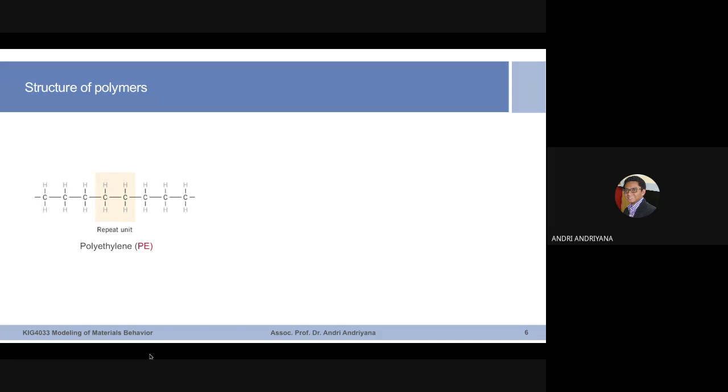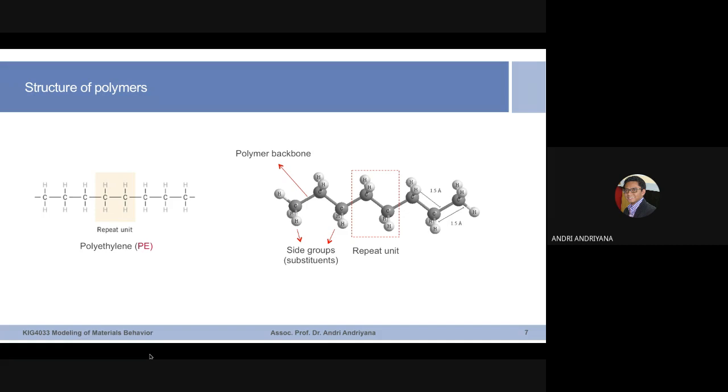Noting that this is a much simplified representation of what we observe in reality. So this is the 3D representation of the structure of polyethylene. It is not a simple straight structure, but instead it consists of a zigzag pattern.